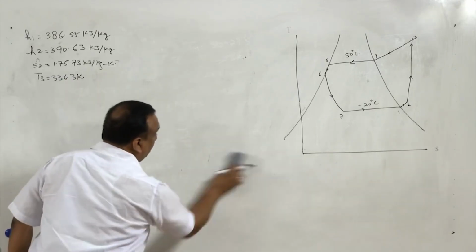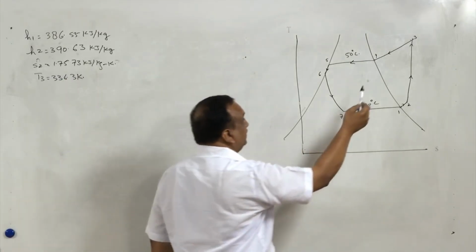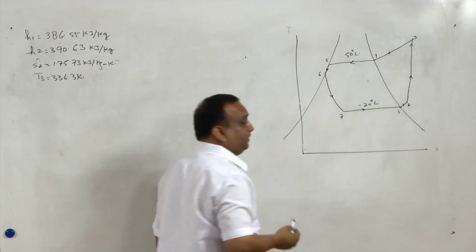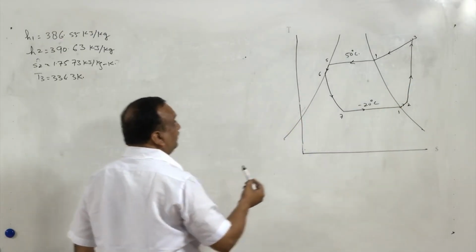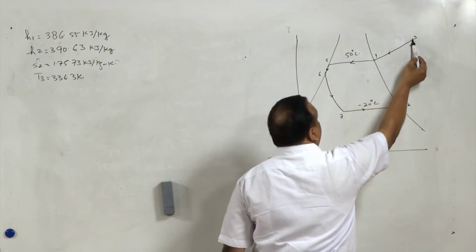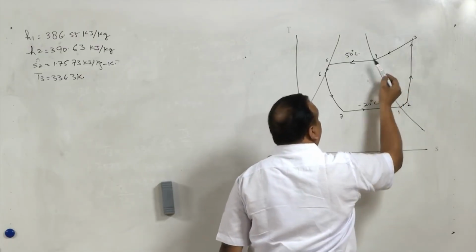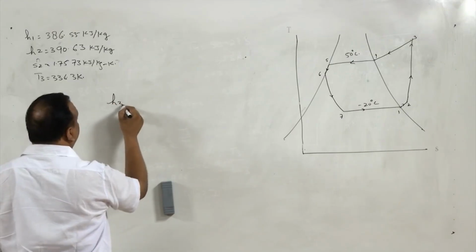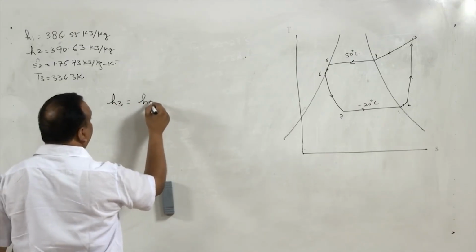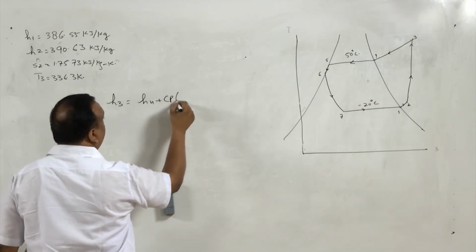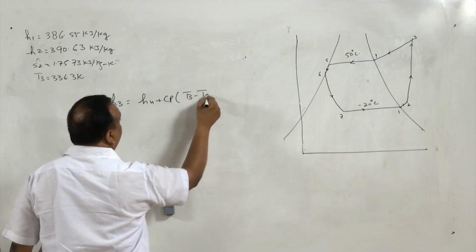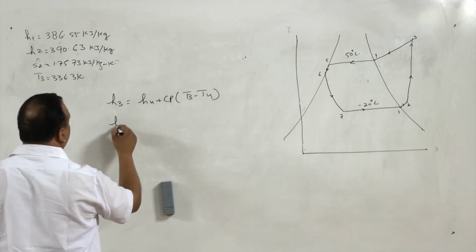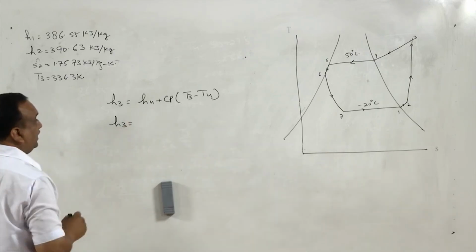Once we have the temperature at this state, Cp times T3 minus T4 will give the heat rejected during desuperheating, or we can say that enthalpy at 3, H3, is equal to enthalpy at 4 plus Cp times T3 minus T4.